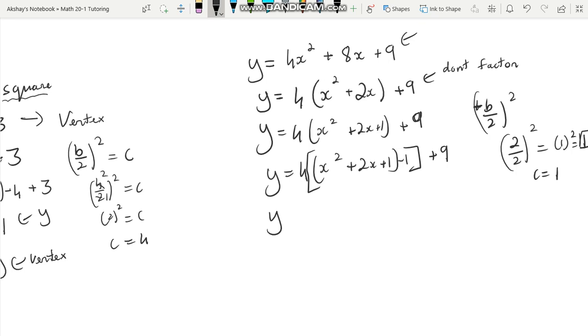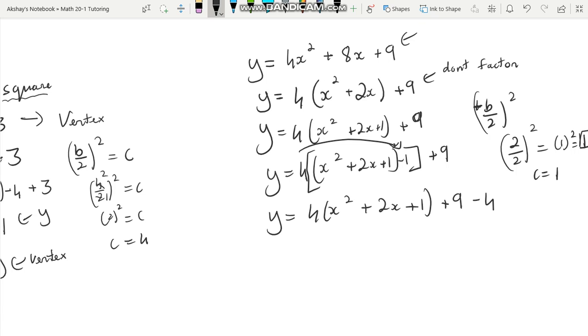Now, when you have a coefficient and you're taking out a number for the first two terms, you have to multiply your coefficient with the number you're taking out. So in this case, I'm taking out a minus 1, so I have to times it with 4. And what that will look like is a positive 9 and a negative 4, because 4 times negative 1 is negative 4.